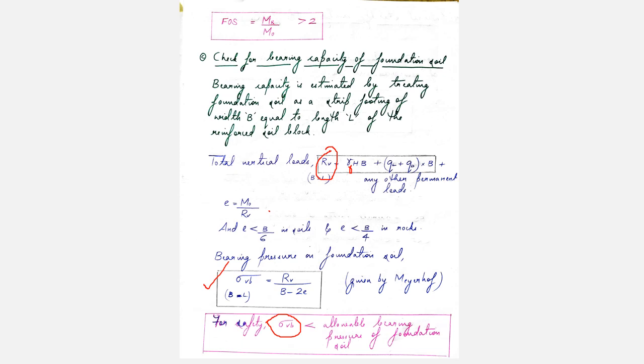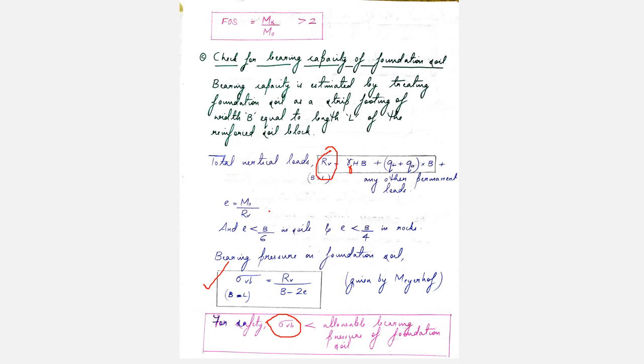So here we will not be considering the live loads. In calculating the resisting forces, we will only be considering the self weight of the reinforced soil fill and the dead loads. Okay, no live loads will be considered in the calculation of resisting forces or moments. So with this we have completed the external stability analysis.